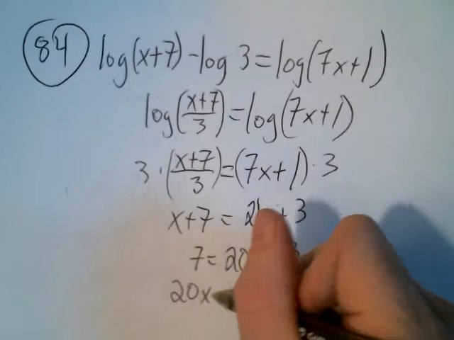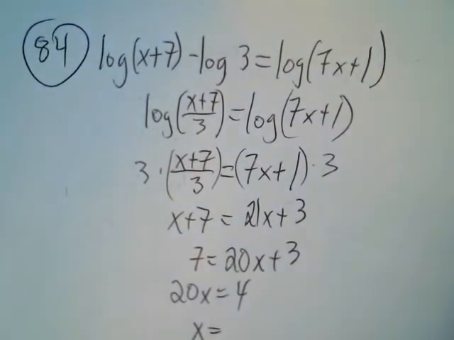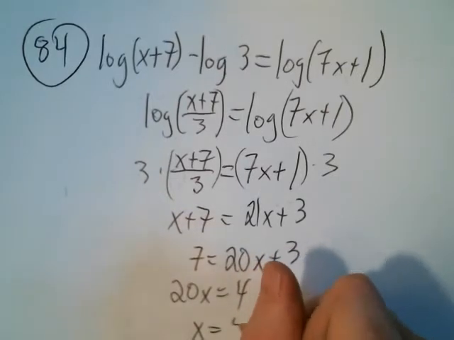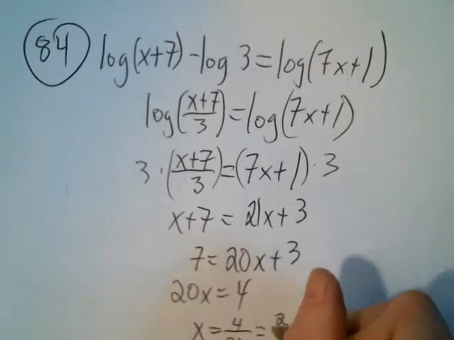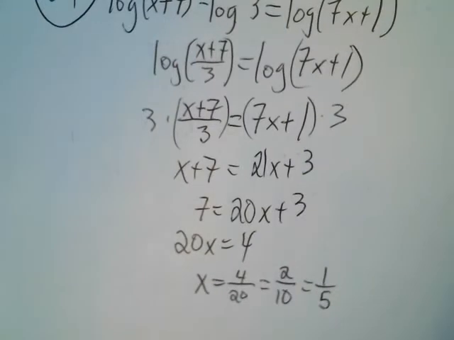So you get 20x is 4, and then I'm going to simplify. 20x is 4, so you get 4 over 20, which is of course 2 over 10, which is of course 1 over 5.